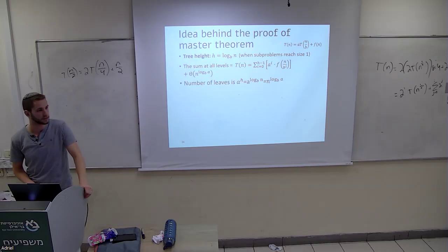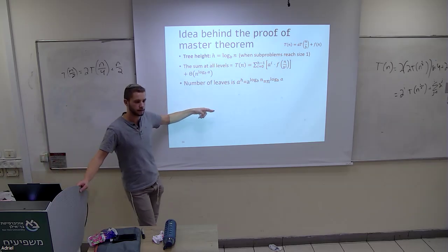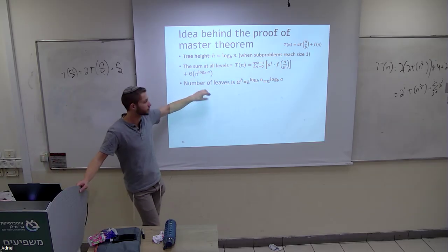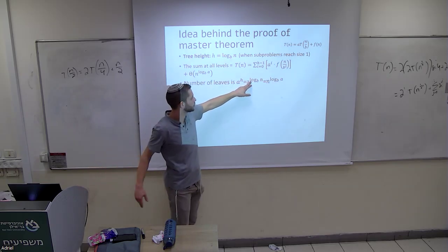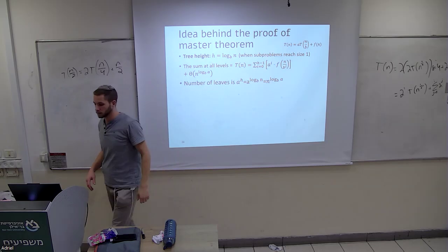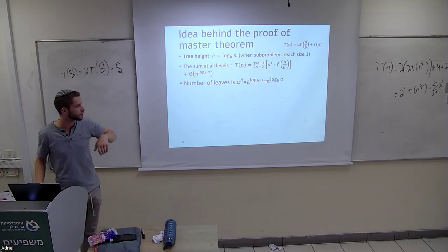Number of leaves is a to the power of h, right? Each node splits a times, and to the power of h, the amount of levels. We already said there's log b of n levels. When switching between logarithm and power, we switch the a and the b.